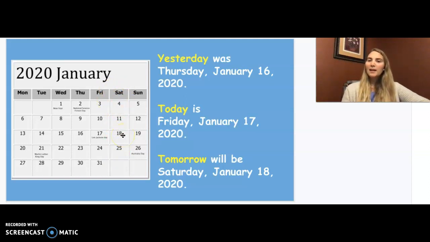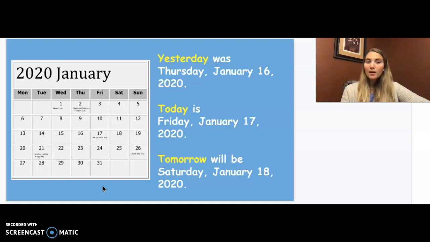So if I said, what day of the week was the 14th of January on, I would find the 14th of January and slide all the way up to see that the 14th of January was on a Tuesday. Also, on a calendar, you can find holidays as well.